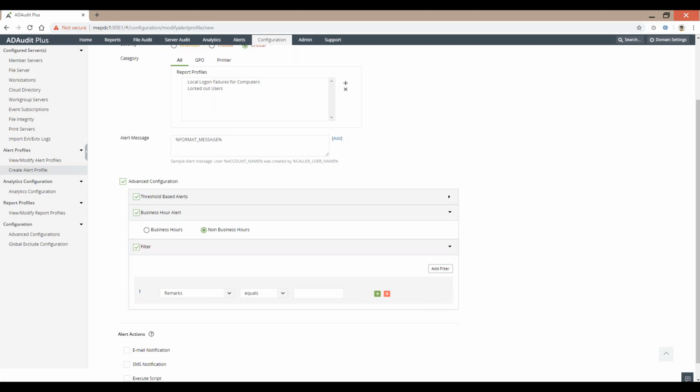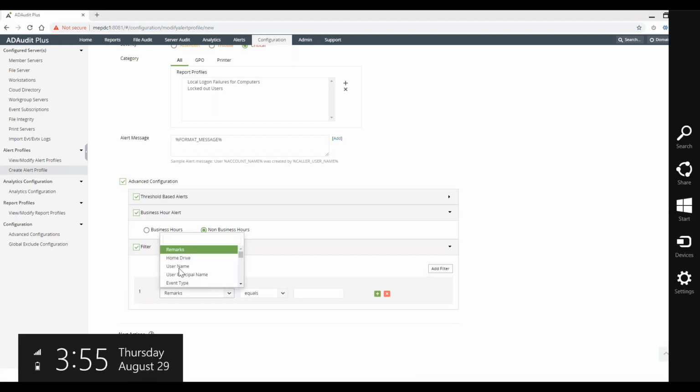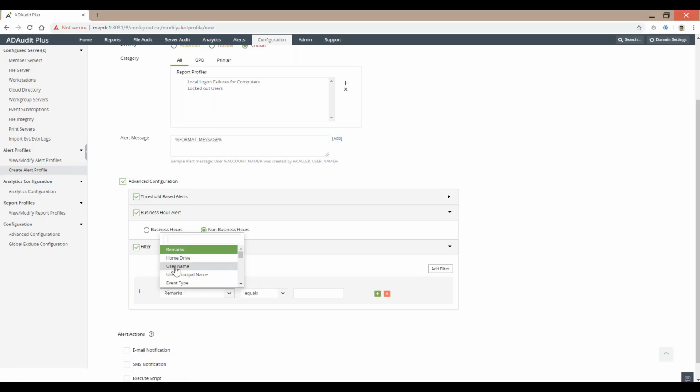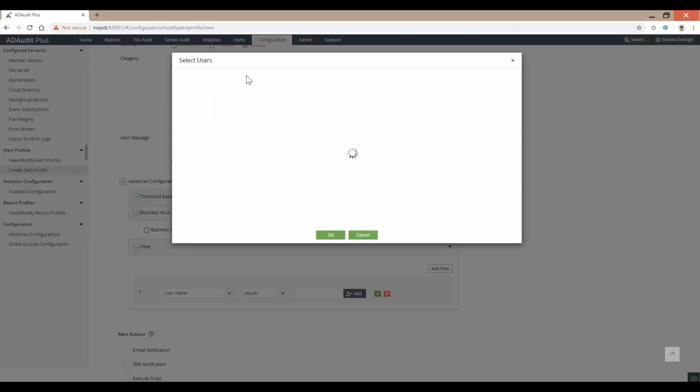I'm going to say which specific users. Since I want just my privileged users to be a part of this notification, I can pick and choose those users who need to be monitored, those users whose accounts I want to be tracking continuously 24/7 and receive an alert. I can do an OU based filtering or a group based filtering.